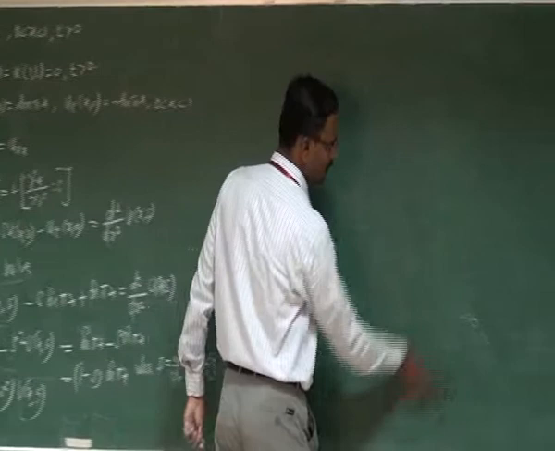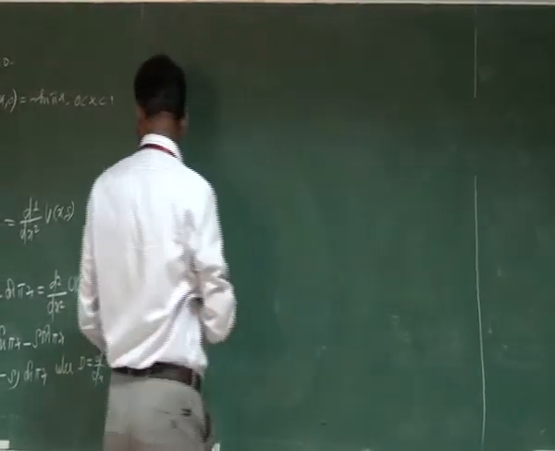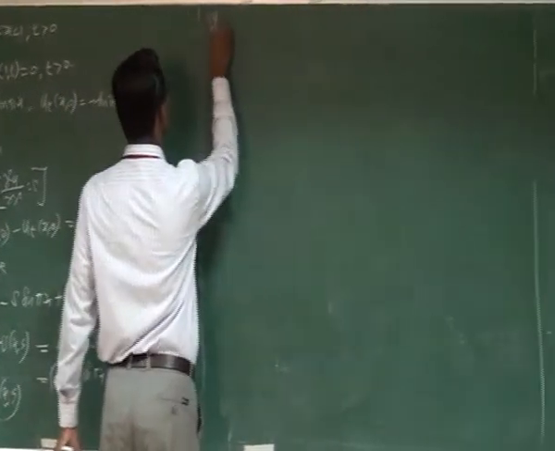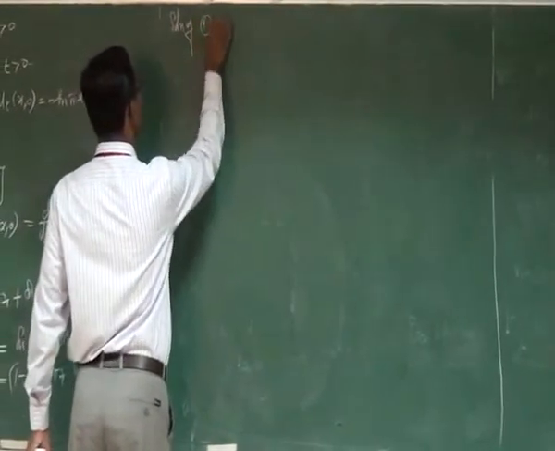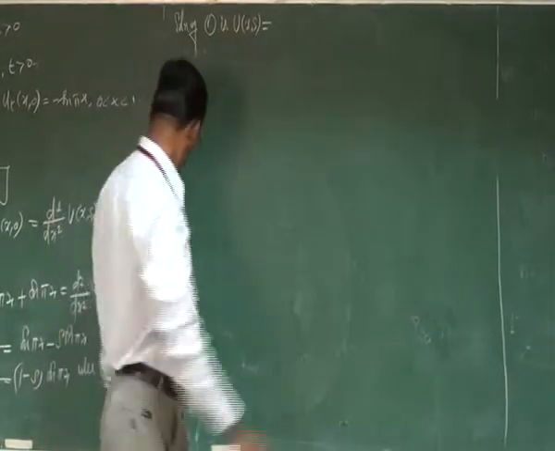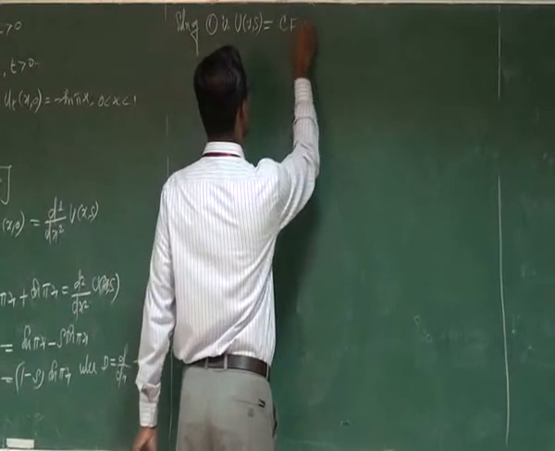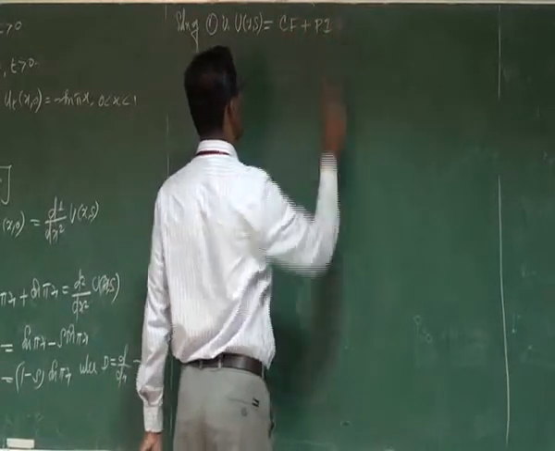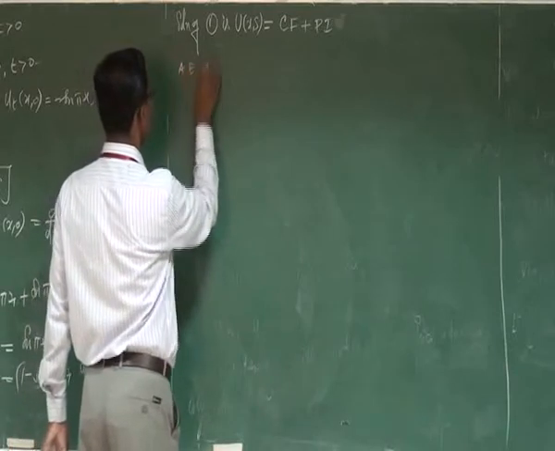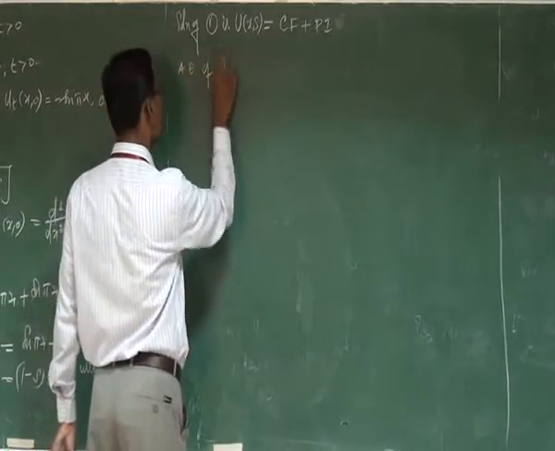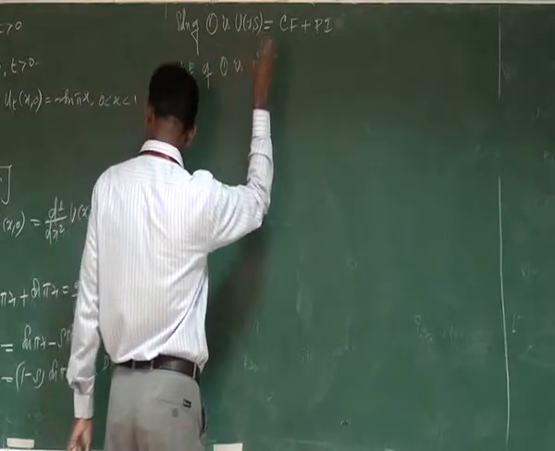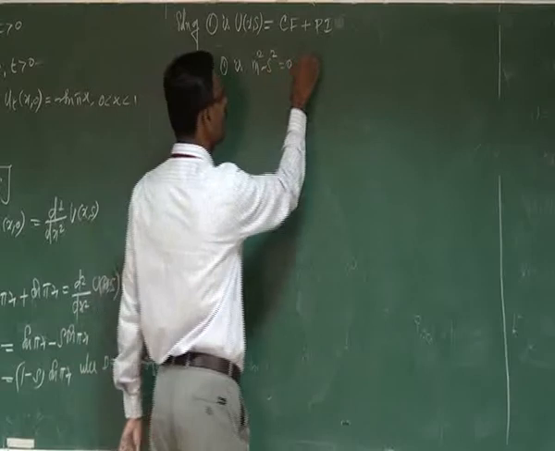Here equation number 1 is an ordinary differential equation. The solution of equation number 1 is u of x comma s equals the complementary function plus the particular integral. The auxiliary equation of equation number 1 is m square minus s square equals 0.